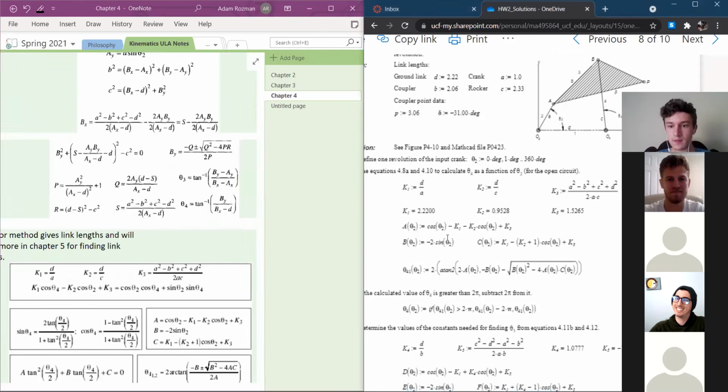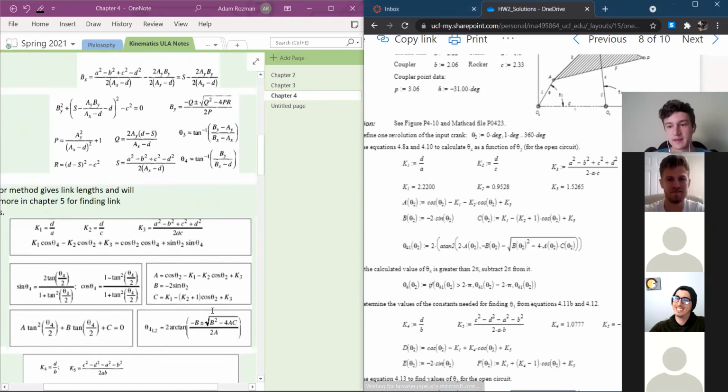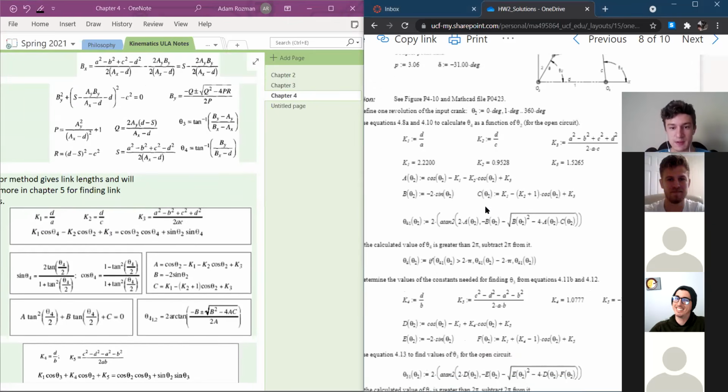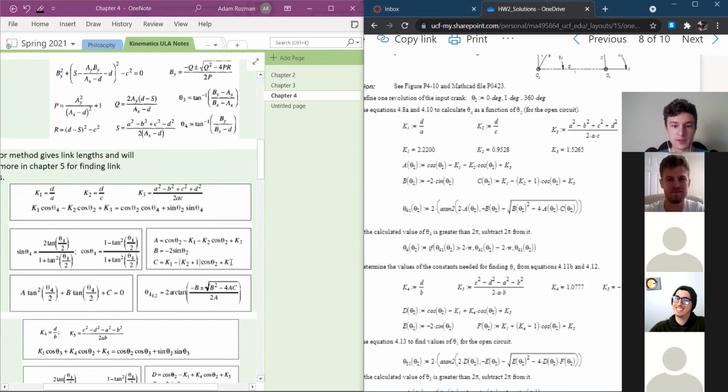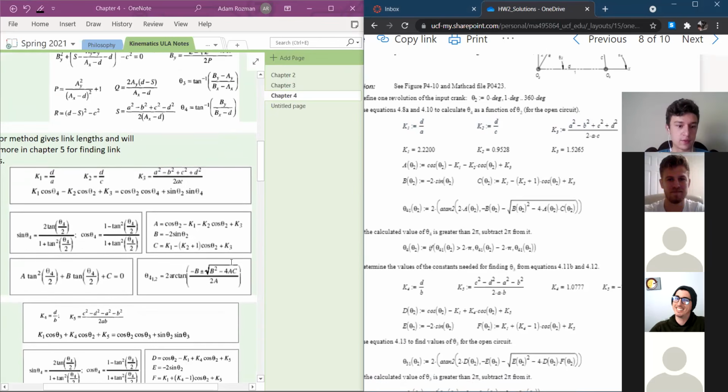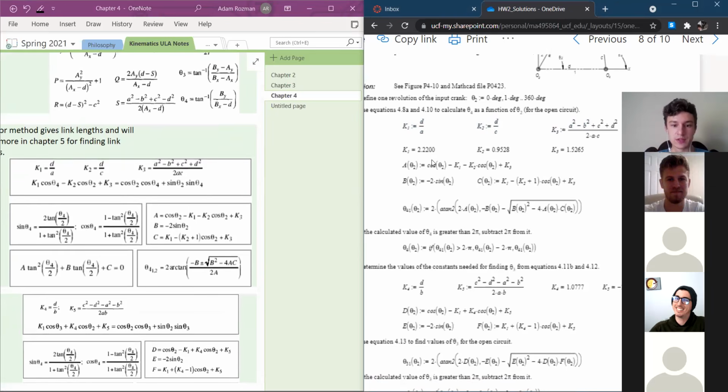Okay, so you can see they're basically just using the same equations and plugging the numbers in. First you solve for your k constants, and then you solve for a, b, and c, which is again just plugging it into your calculator.